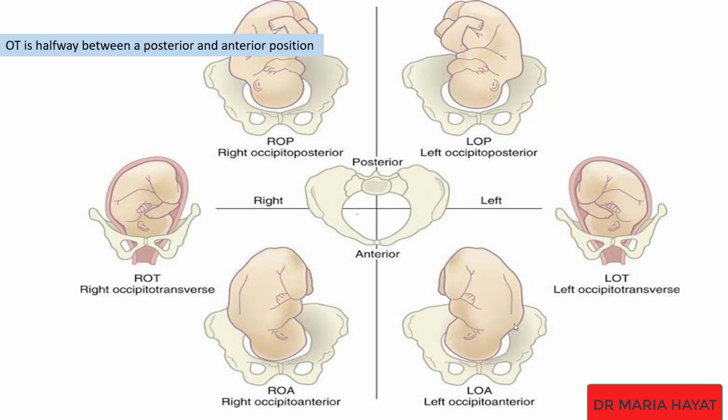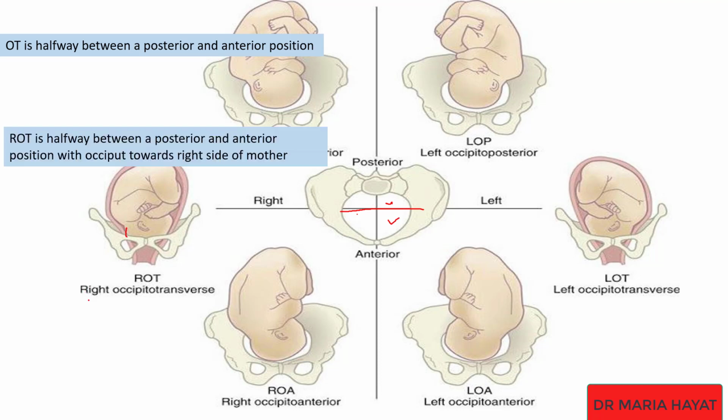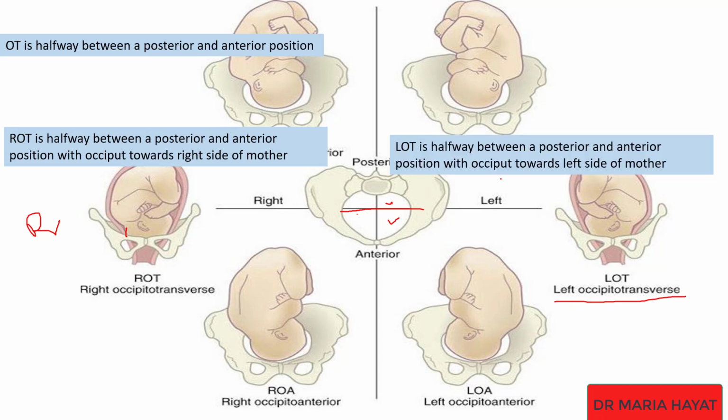Now, if the occiput is halfway between the posterior and anterior, it is called occiput transverse. In right occipito-transverse, the occiput is halfway between the posterior and anterior position, with the occiput towards the right side of the mother. In left occipito-transverse position, the occiput is halfway between the posterior and anterior position, with the occiput towards the left side of the maternal pelvis.